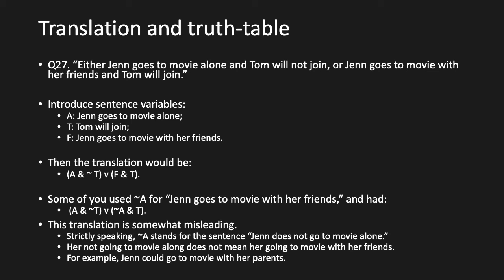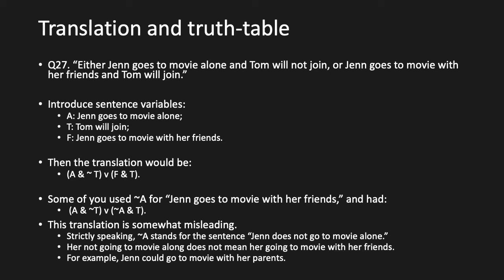For instance, Jan could go to the movie with her parents, so she does not go alone, but she does not go with her friends either. So it's a bit misleading to use not A to represent Jan goes to movie with her friends.